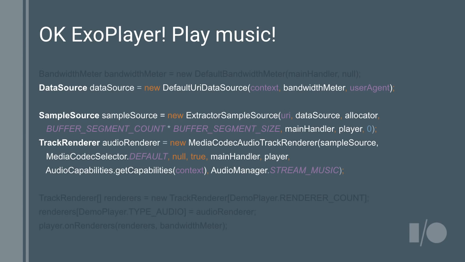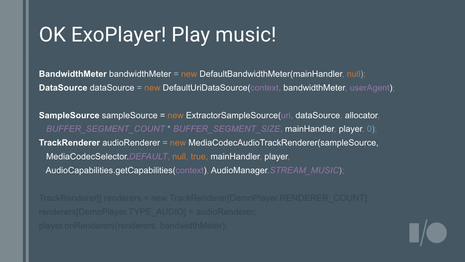The data source is again another collaborator, which is created in the line above. Again, we have a data source Java interface, which is then provided as a default URI data source. And now with the very same pattern again, the default URI data source needs a bandwidth meter, and again, this bandwidth meter, a concrete implementation of the bandwidth meter, is provided by the ExoPlayer library.